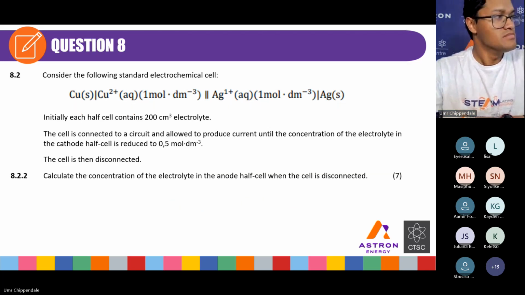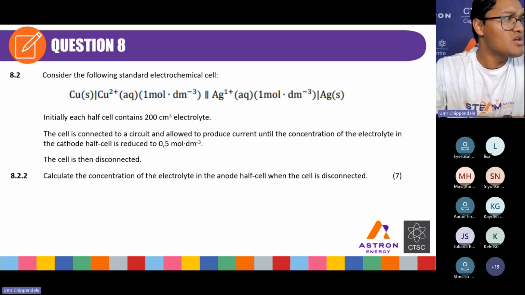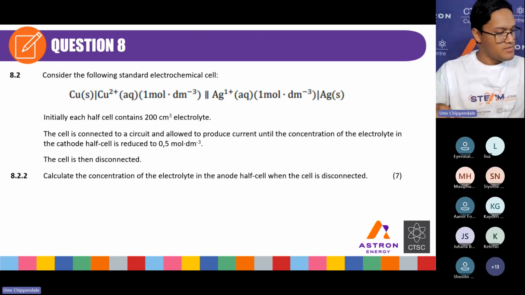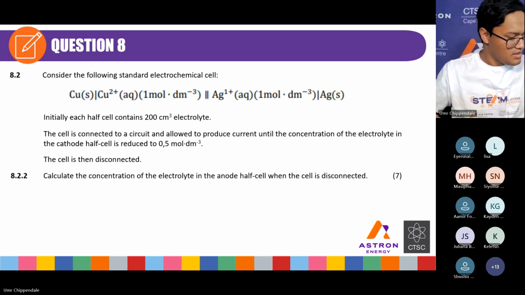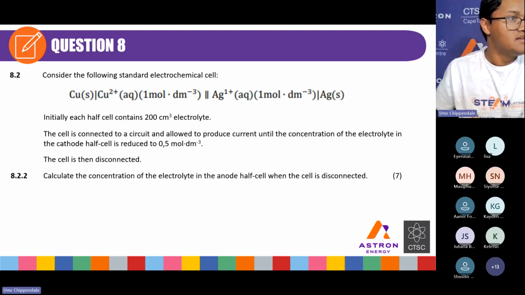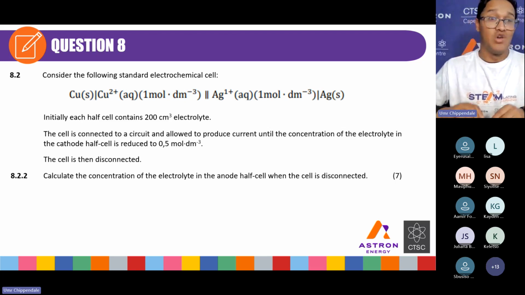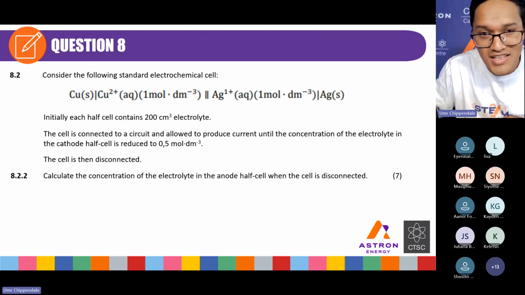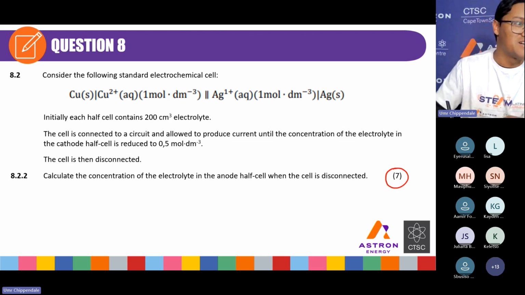8.2.2. Calculate the concentration of the electrolyte in the anode half cell when the cell is disconnected. So, okay, now this is going to be a very, very long answer question, because here you will see that it is worth 7 marks.